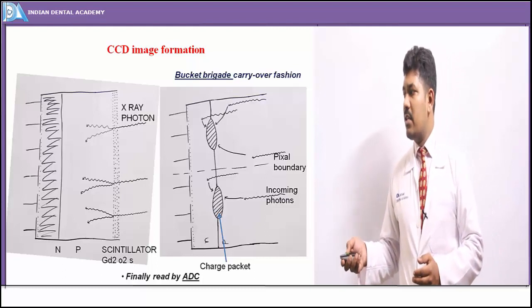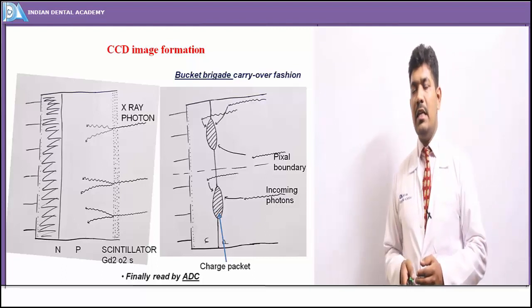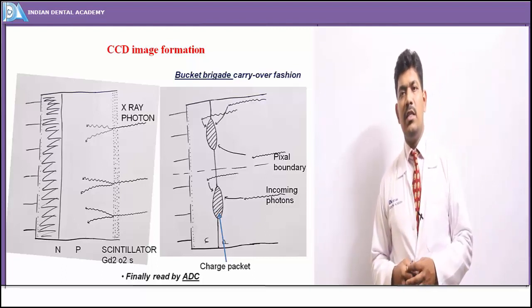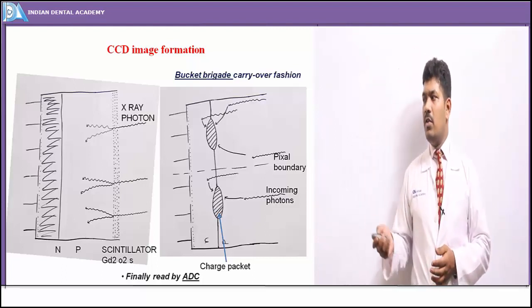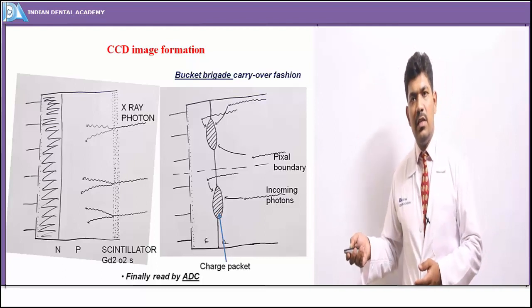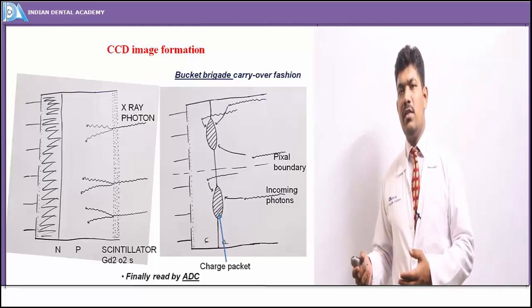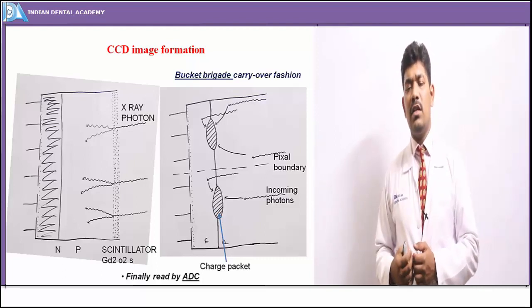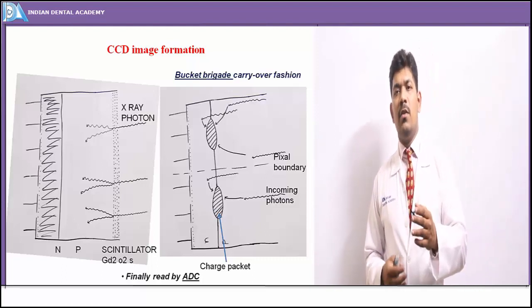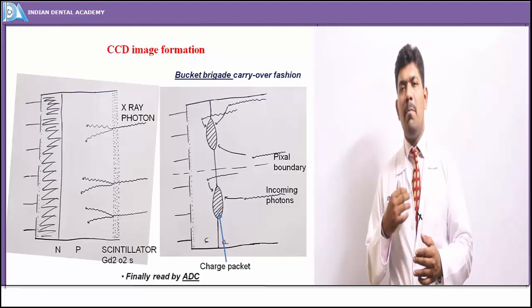Now after this detection by the electrodes is done, the final step in digital imaging is your ADC, that is your analog to digital converter. Now these basically are analog signals. Your light signals are basically analog signals. This ADC helps to convert these analog signals into a digital image by using a numeric or binary format.